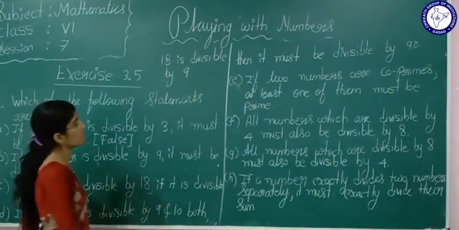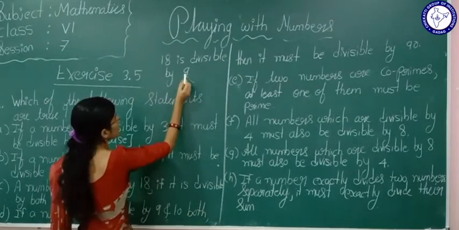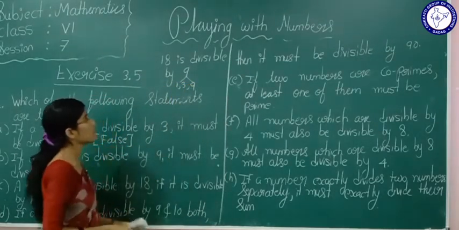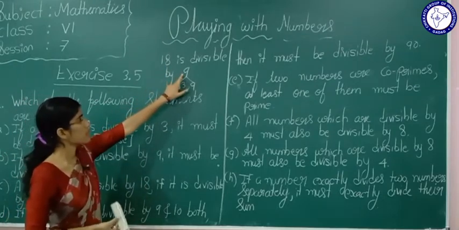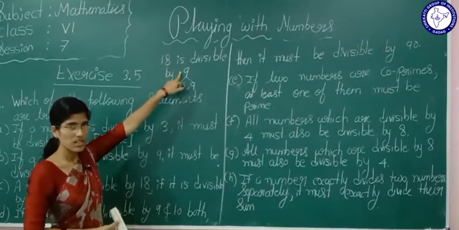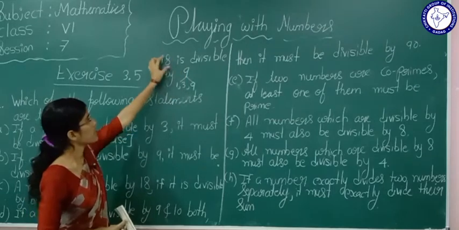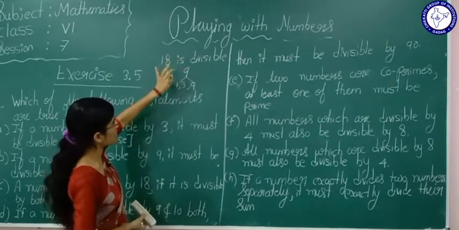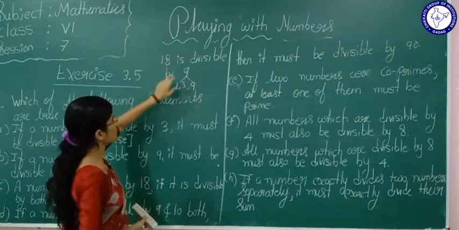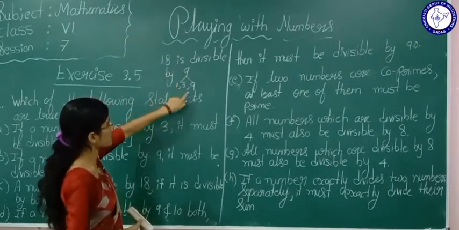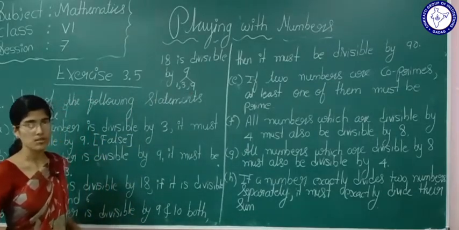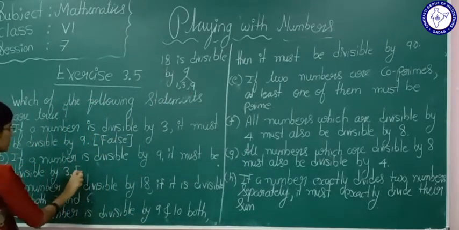Definitely yes. What are the factors of 9? 1, 3, 9. We have learned that if a number is divisible by any one number, then the factors of that number also divide it. Okay, this is true.